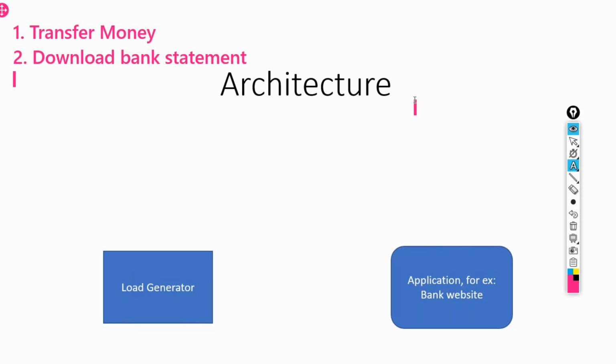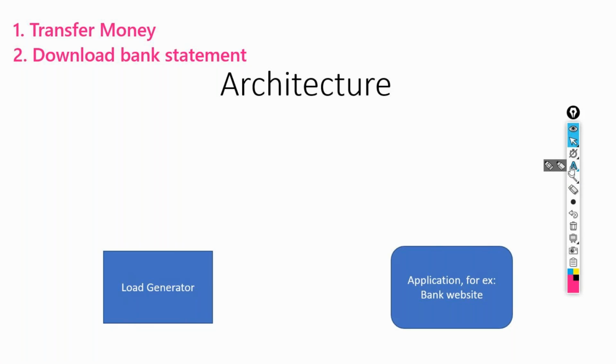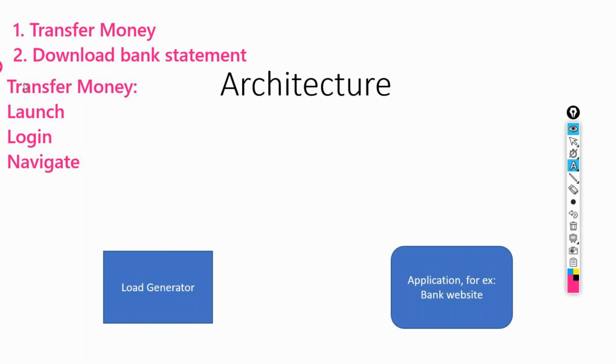Now, for transfer money, what are the common steps? Let's say the user will launch the application first, then log into the application, then navigate to their account, then select the beneficiary, right?